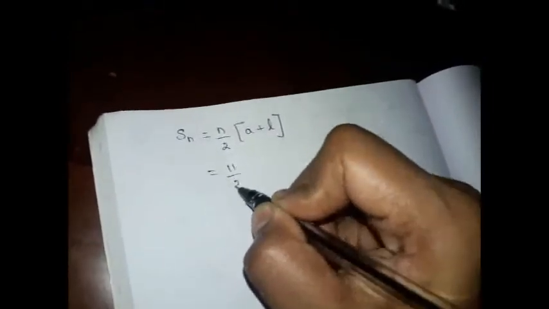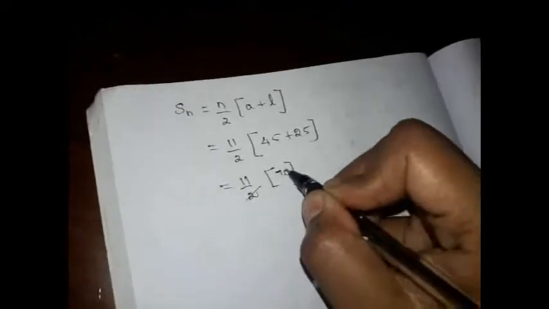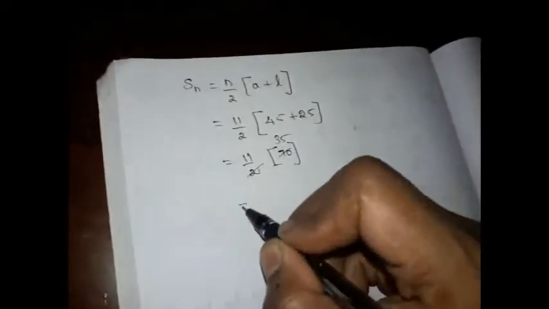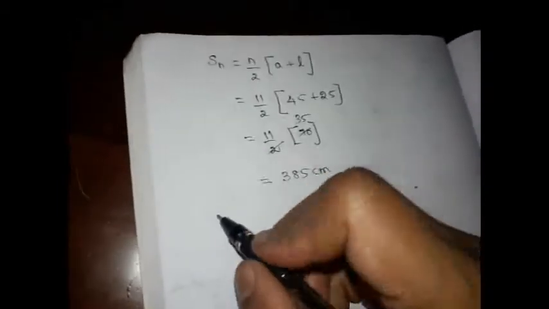So what is the Sn formula now? Sn is n by 2 into a plus l. So n is 11, 11 by 2 into (45 plus 25). 45 plus 25 is how much? 70, so 11 by 2 into 70 is 11 into 35, which is 385 centimeter.